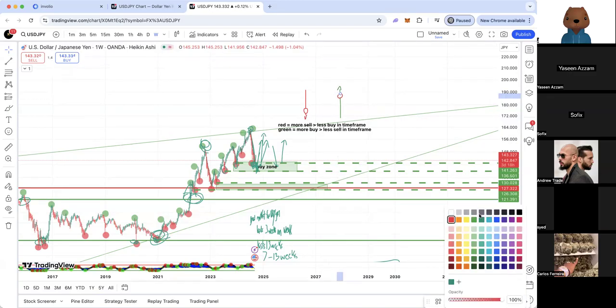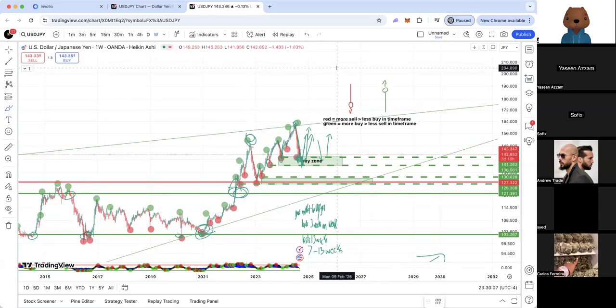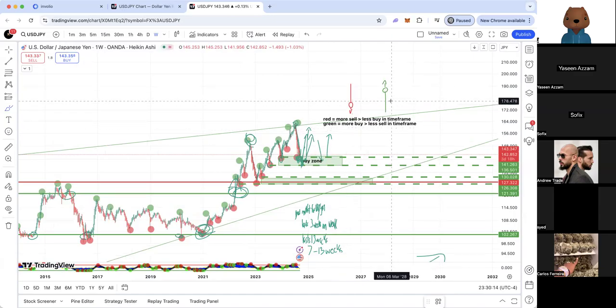So the hammer and the shooting star, why are they important? They determine an ultimate victory, like how we said more buys, less sells. Buyers are competing with sellers to push the price up. Buyers are buying more than the sellers are selling, and that's why the price is going up.